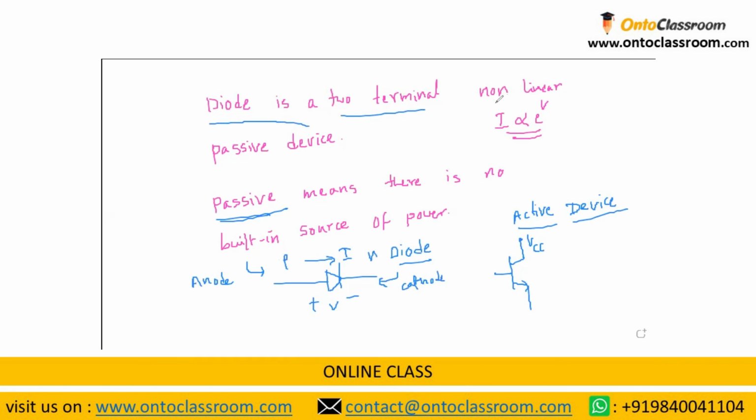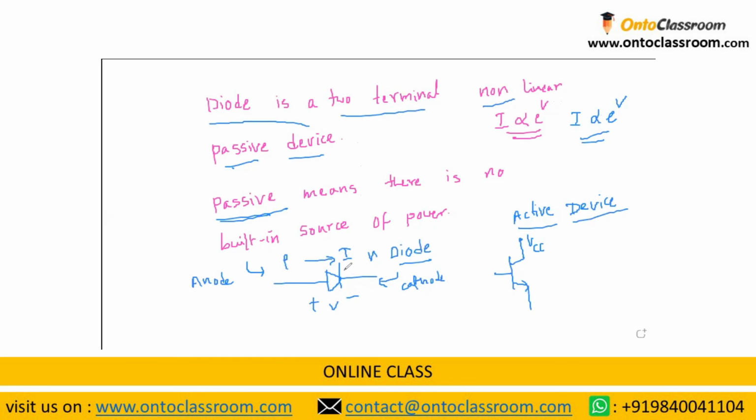It is a non-linear device, and I can claim this by the equation that I is proportional to e power V. This is the only significant relation claiming that the diode is a non-linear device, and it is also a passive device because for the diode we are not able to provide any supply voltage.